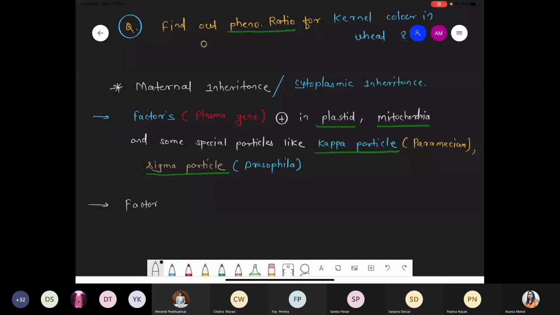These factors are nothing but specific kinds of plasma gene. So what is the function of that plasma gene? That factor, the plasma gene, controls cytoplasmic inheritance. It will control inheritance, that is cytoplasmic inheritance.